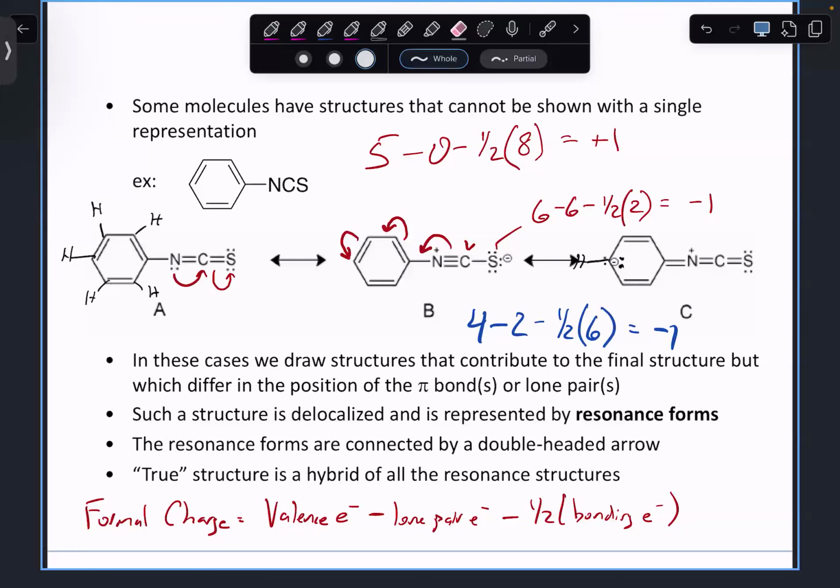But not all of them contribute equally. It's not like it's a third this, a third that, and a third that. Because some resonance forms are better than others. When I say better than others, what I mean is more highly contributing. So I want to give you some guidelines for picking out which resonance form is better than others.